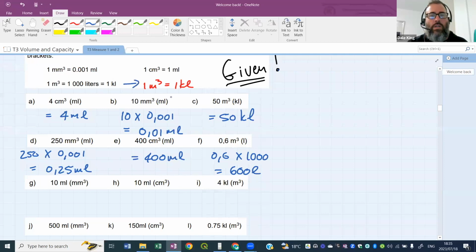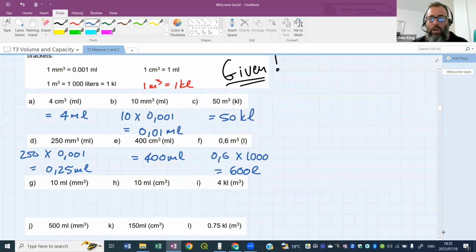It's very similar to this. If 1 meter cubed is 1 kiloliter, then 50 meters cubed is 50 kiloliters, because every meter cubed gives me 1 kiloliter. Okay, I hope that helped you.